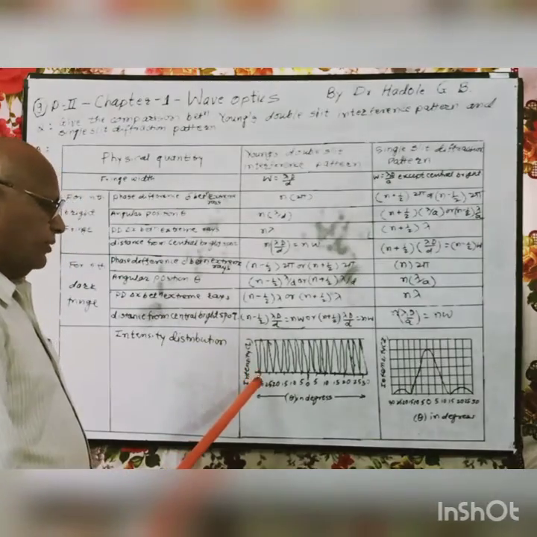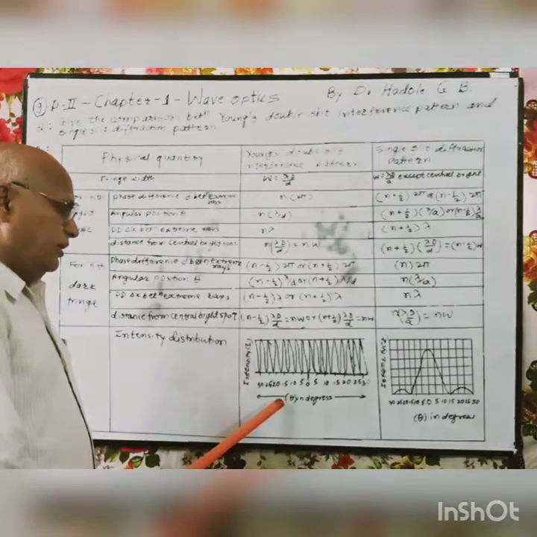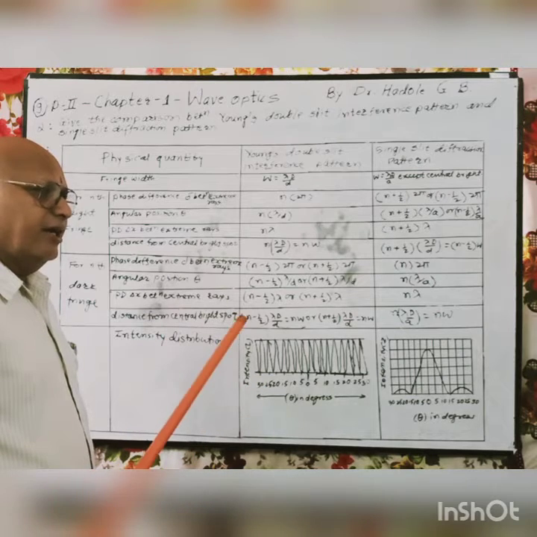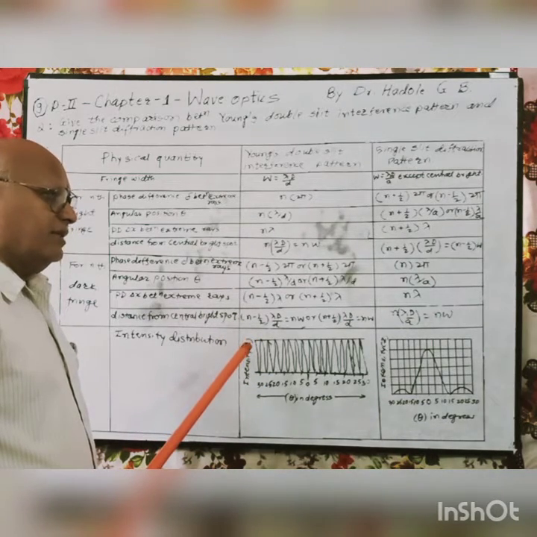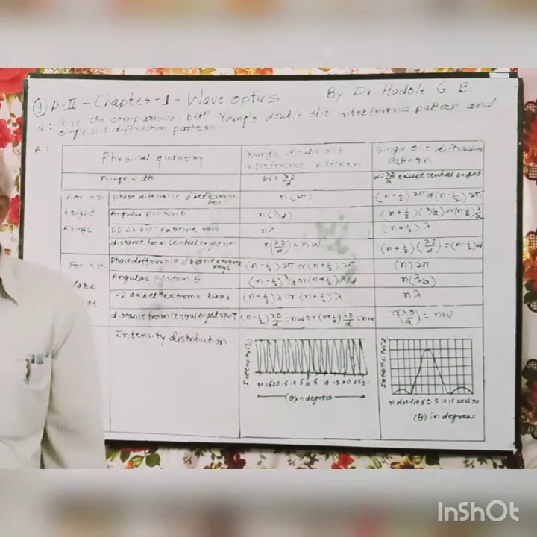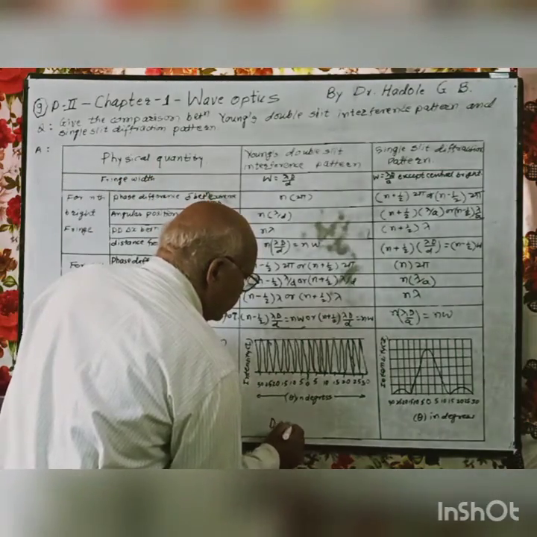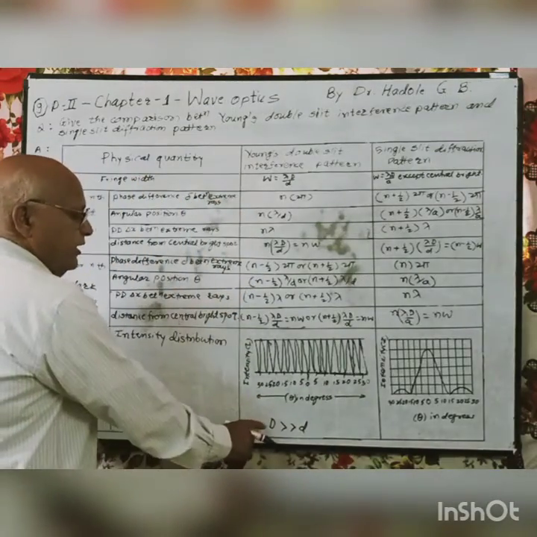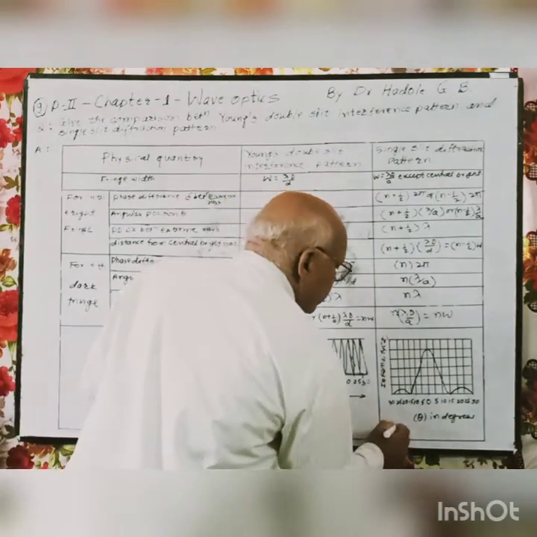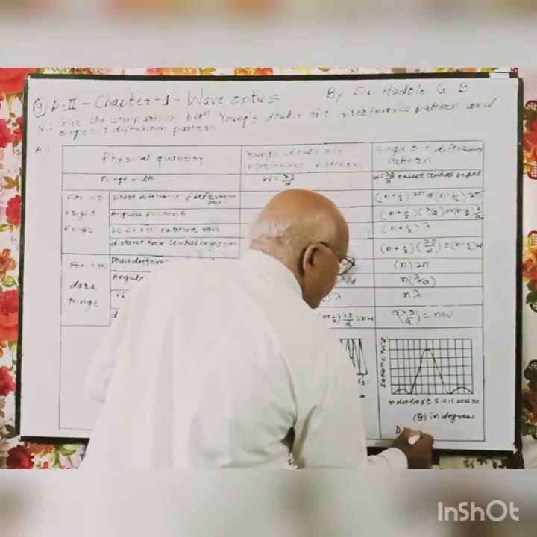Next, the distance between the slit and the screen is very large, that is, capital D is very much greater than small d.